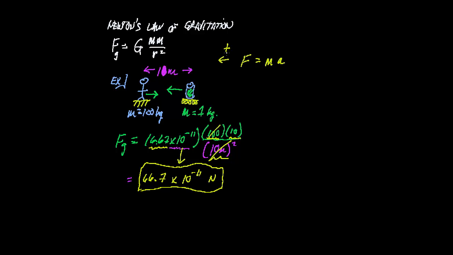Call positive that way. That force, we just found out, 66.7 times 10 to the minus 11 equals the mass, which is 1, times the acceleration. Acceleration is that divided by 1, so 66.7 times 10 to the minus 11 meters per second squared.